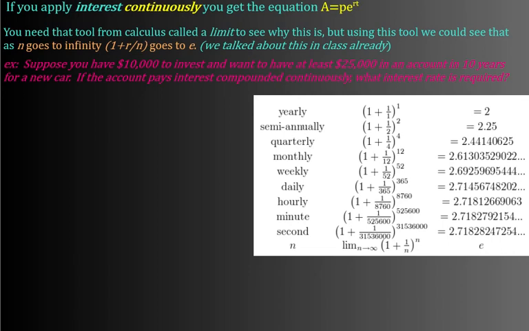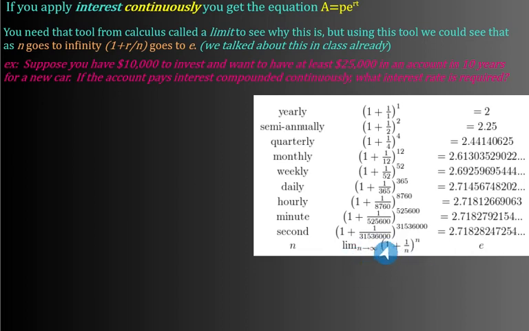So if you do a yearly thing, you'll have 1 plus, where the rate is 1 just for simplicity's sake, 1 over 1, all of that, right? This is just 2. And then if you keep doing this, if you multiply all these things out, the ns are getting bigger and bigger, and you'll see that these numbers get closer and closer to that number e, that 2.71828 number that we've seen.